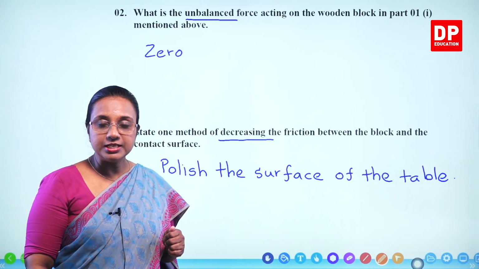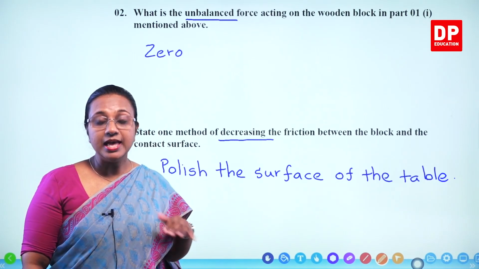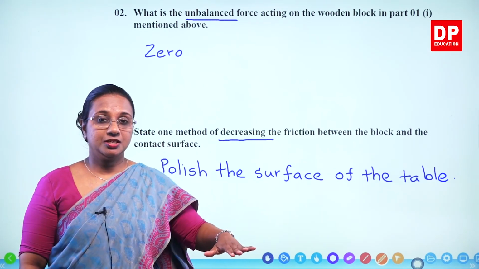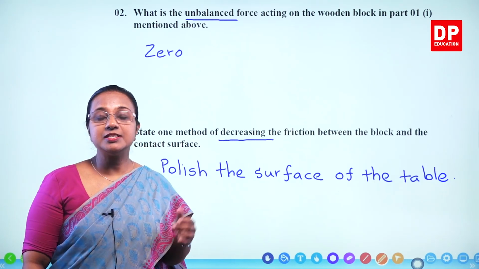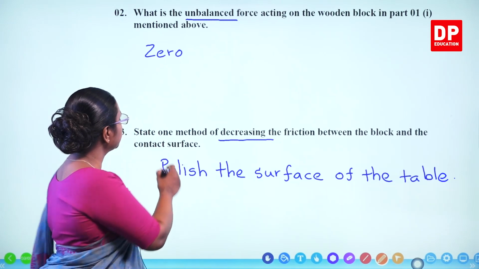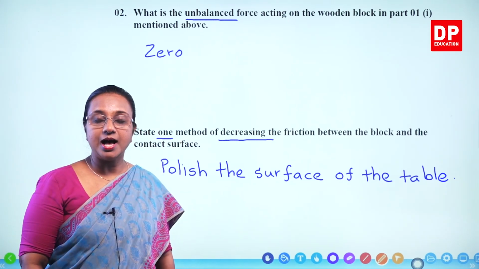If it is a wooden table, once you polish it the surface becomes smooth. In addition, if you apply varnish, that makes the surface even smoother. Since they have asked for only one method, we will stick with this answer.